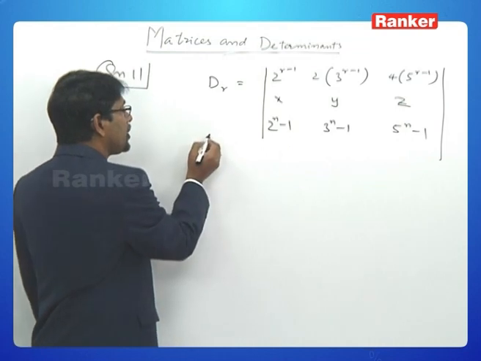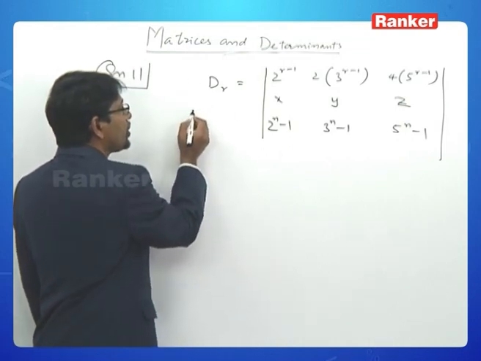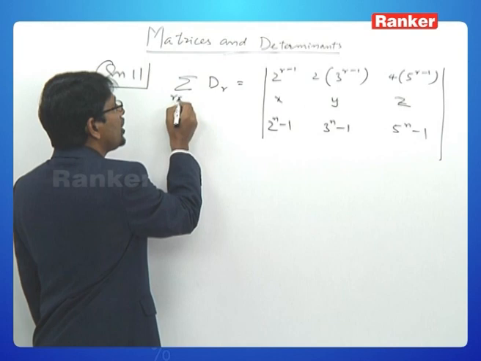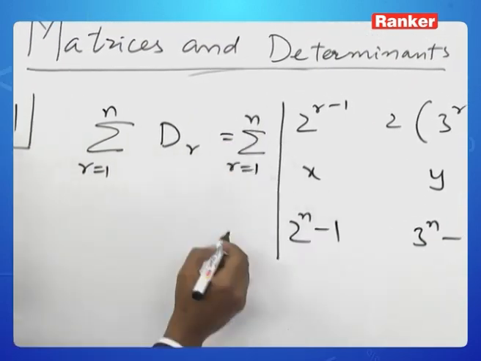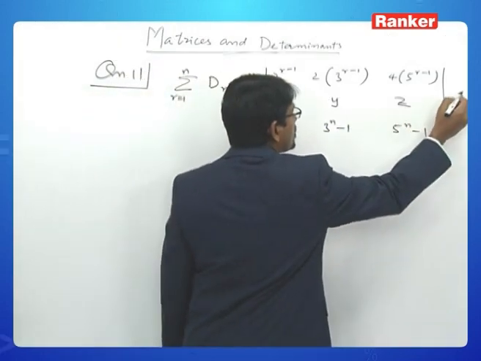Here we are interested in sigma D_r, r ranging from 1 to n. So the summation of these determinants is what we want.